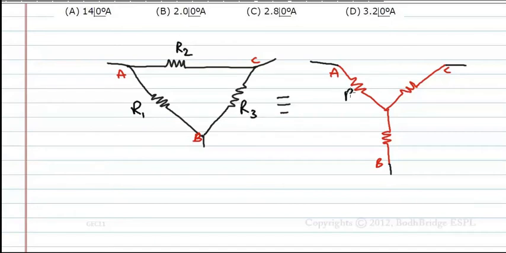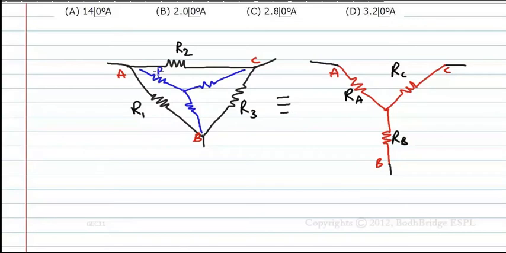This is RA, RB and RC. What I am saying is, I can represent this delta transformation by this Y transformation. Instead of this black one, you can put this blue one at these nodes, and you can work it out.